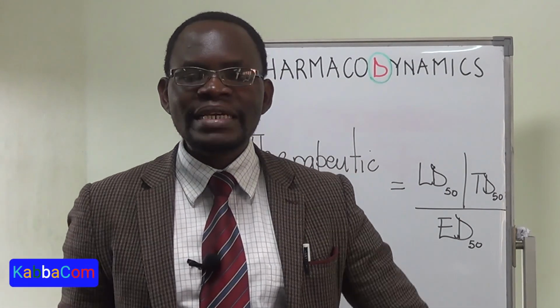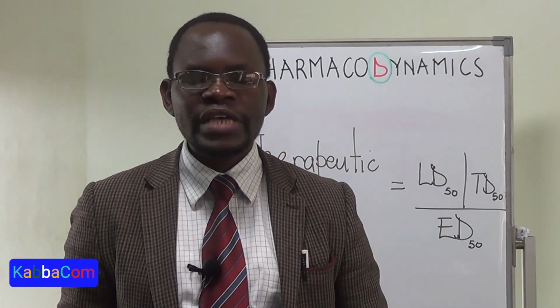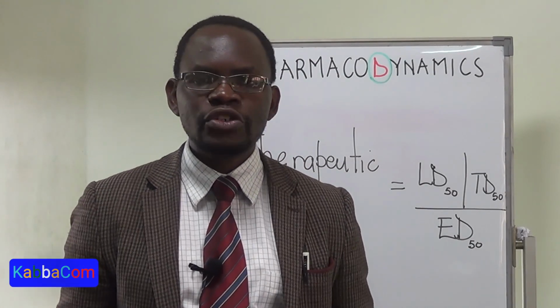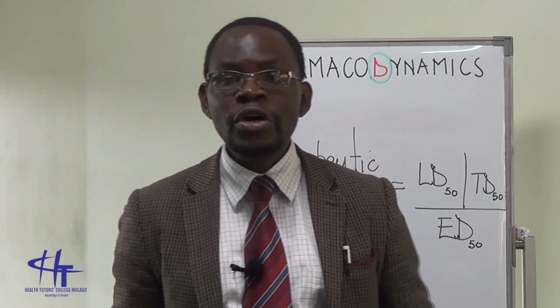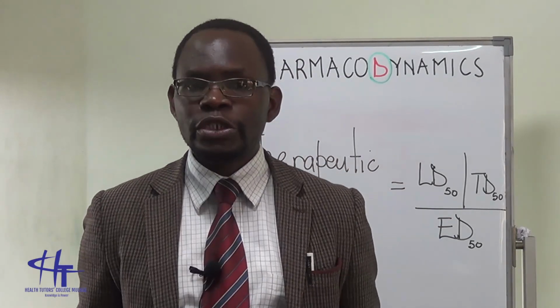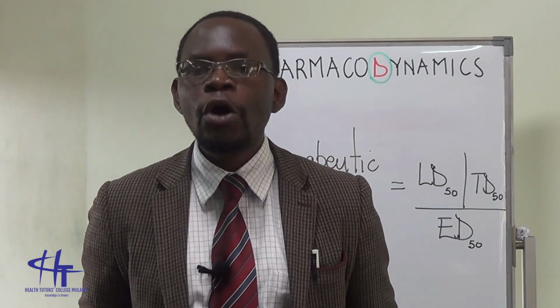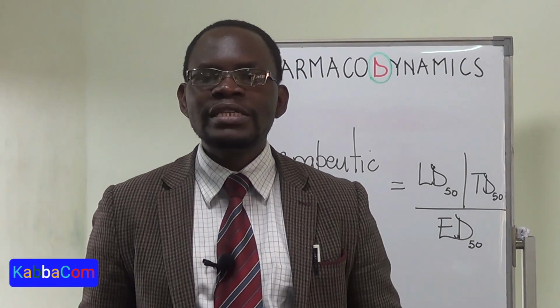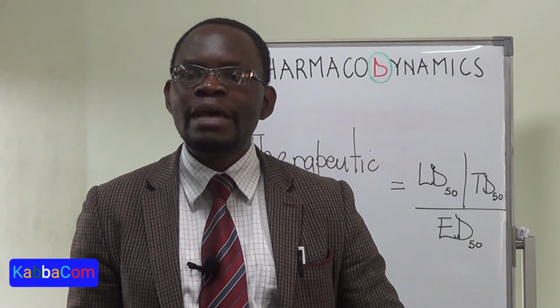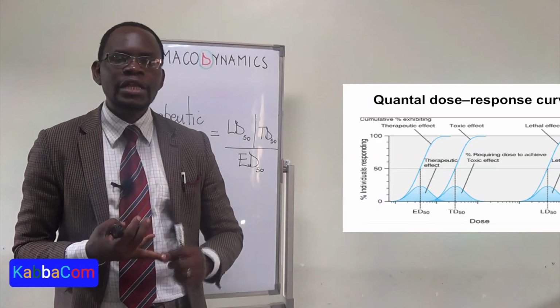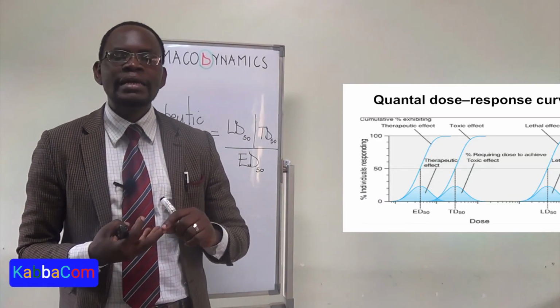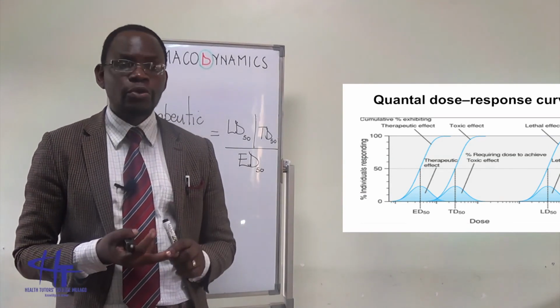So that concludes quantal dose relationships. Remember, we said we determine these among populations, not just in an individual. We use this to determine the effective dose at 50, the lethal dose at 50, and the toxic dose at 50.